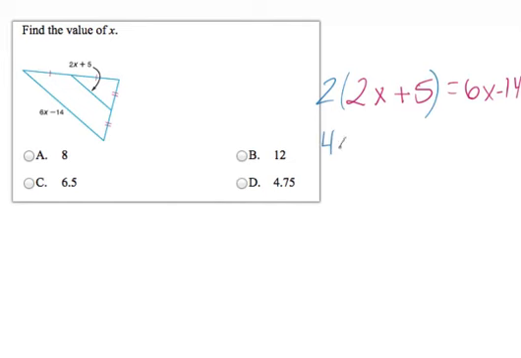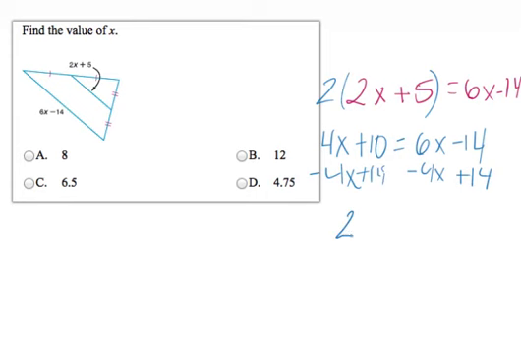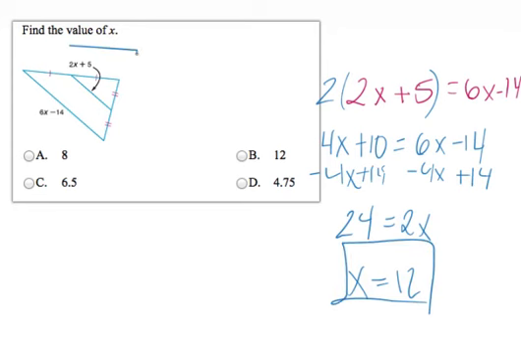So we get 4x plus 10 equals 6x minus 14. Let's move and groove. Subtract the 4x over there, and we'll add the 14 at the same time. That becomes 24 equals 2x, x equals 12. Now, it is find the value of x, so I do know that I did that correctly.